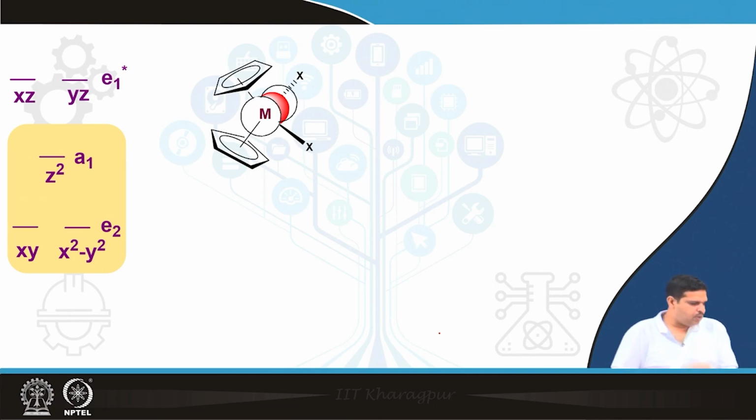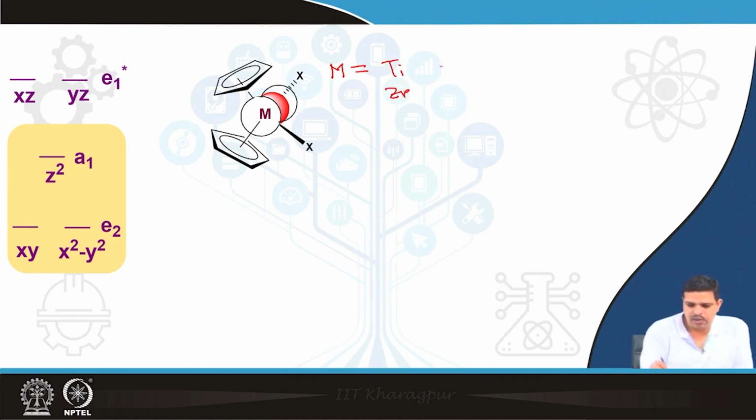So here, if you remember, for titanium or zirconium, here the metal is either titanium or zirconium, and in these cases it is a d0 electron system. If X is halide, or let's say chloride or hydride, or any R, the alkyls.